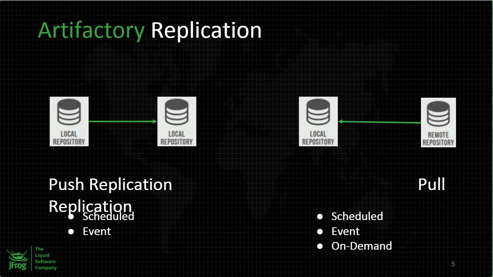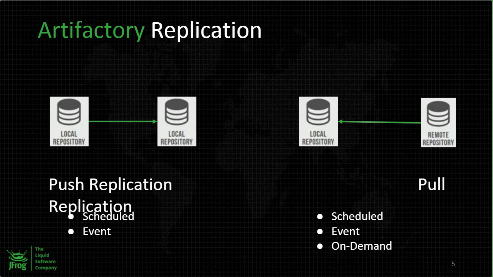But in push replication and pull replication, there are a couple of options as well. When it comes to push, you can say, I want the push to happen at a certain point in time. This is called scheduled replication. Whereas with event-based push replication, whenever an artifact has been pushed into the source, that information gets pushed into your target, in this case the European setup, right away.